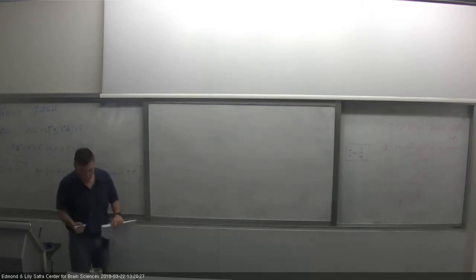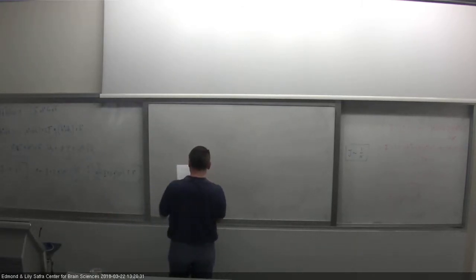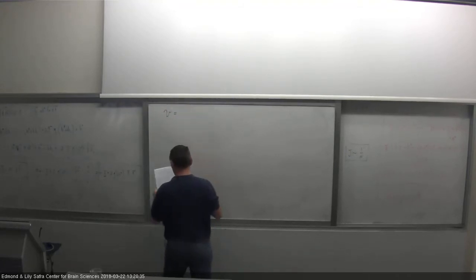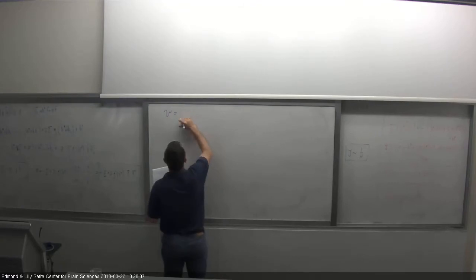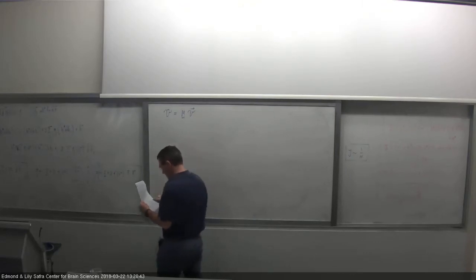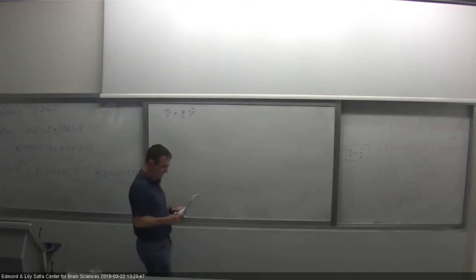So the general problem that we need to solve is this set of differential equations. V dot is equal to Mv, where v is a vector and M is an n by n matrix.